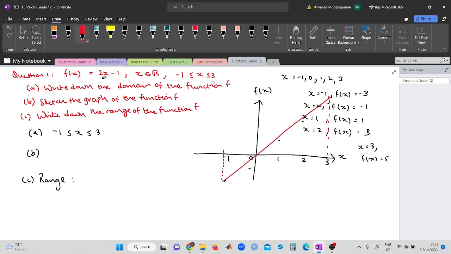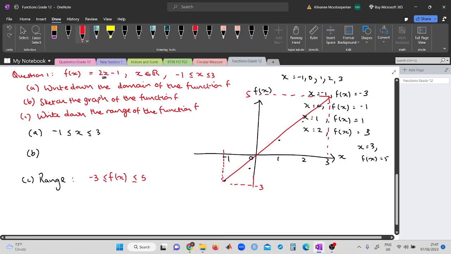Of course, so it has to start there. Because it's the range, because y values. Minus 3, and then 5. So what will be the range? The parameter f of x will lie between minus 3 and 5 inclusive.